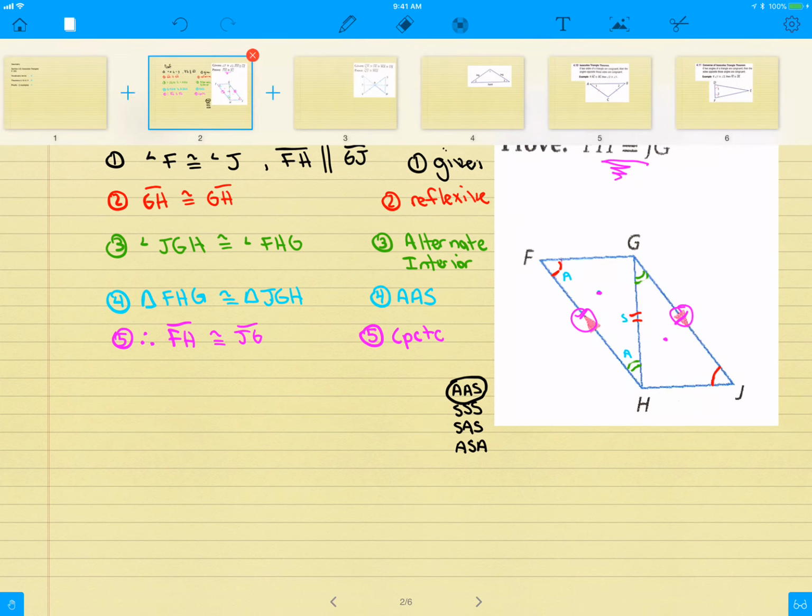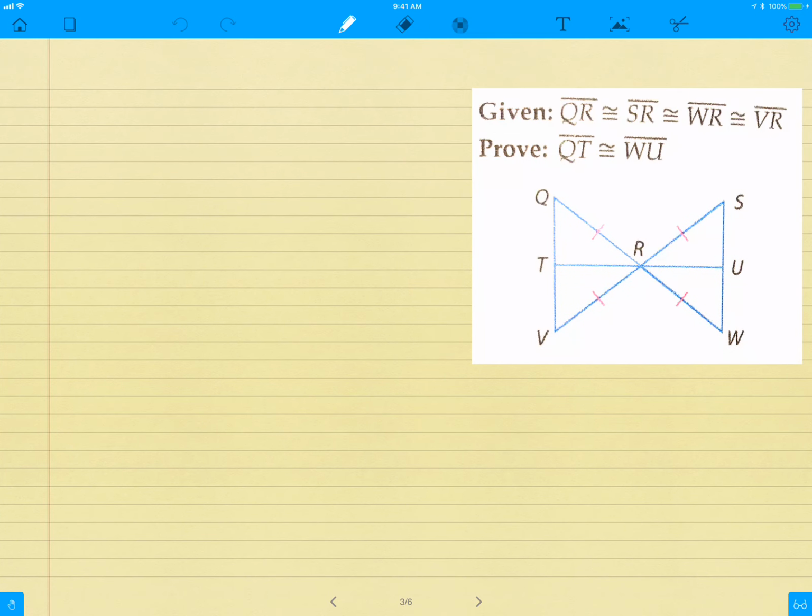But the next proof I'm going to do here is radically different. There's other ways, every proof has multiple different ways of doing this. On this particular problem, there's many different ways we can look at this problem, but there's one true proof for it. We're trying to prove that this wall right here, QT, is equal to WU. So to prove that those 2 walls are equal, basically what I need to show is that this triangle is equal to this triangle.